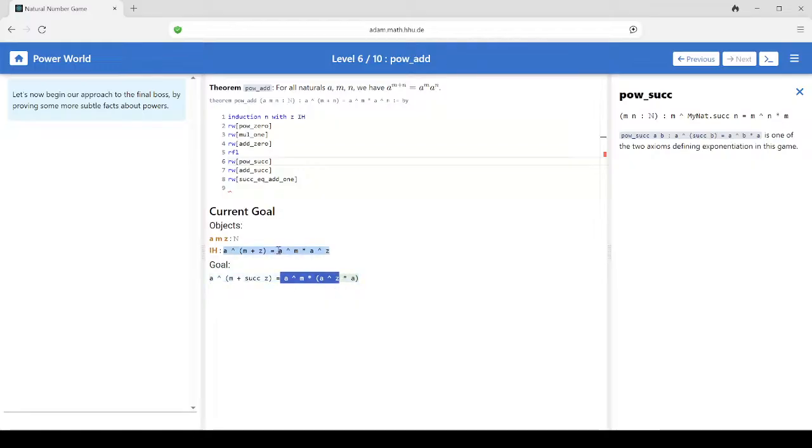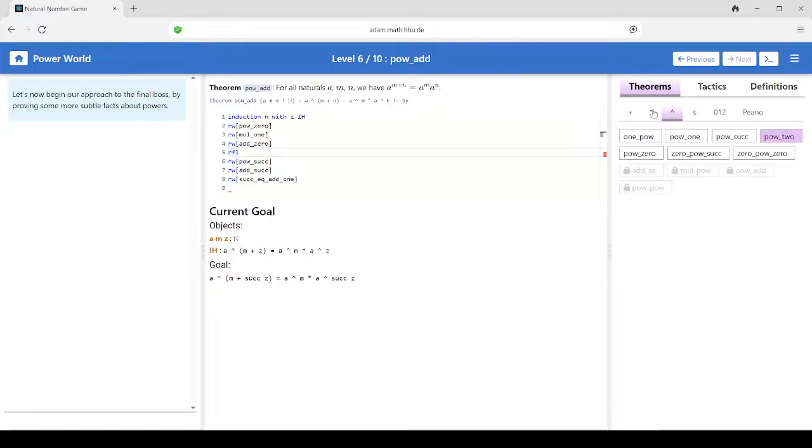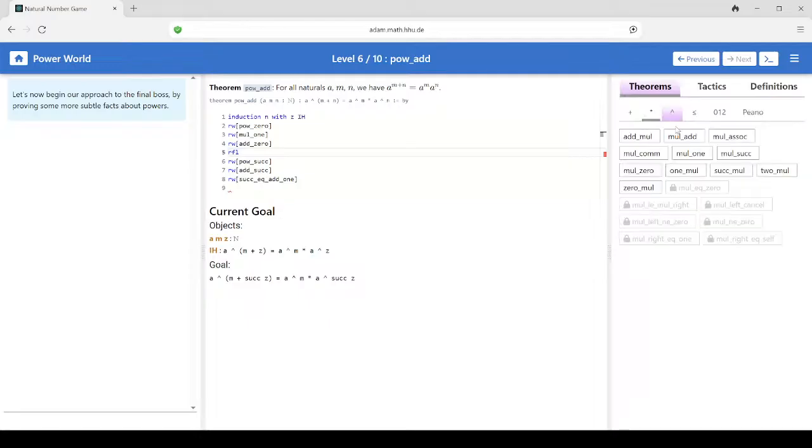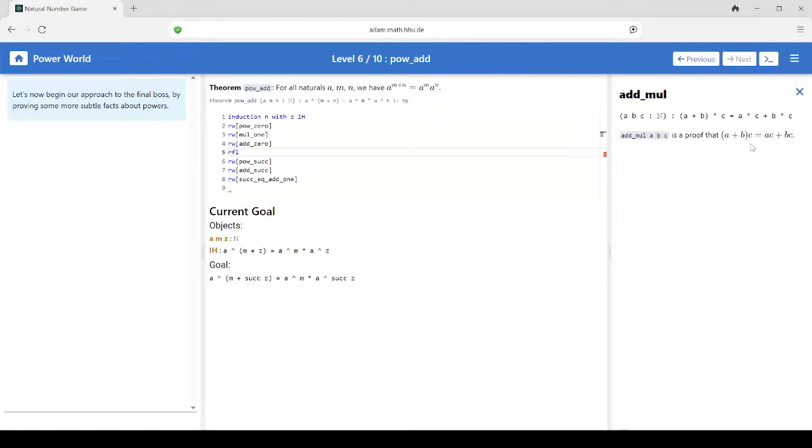We're really close to having this be this, but we still got this times A at the end. Z times A. Distributive property?